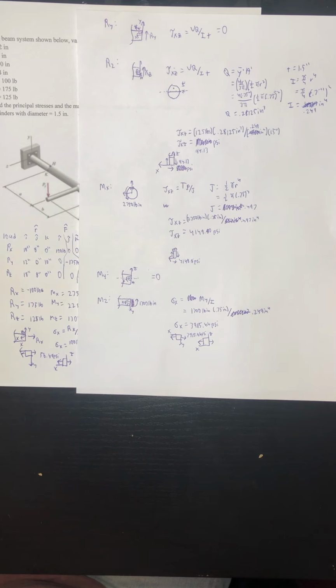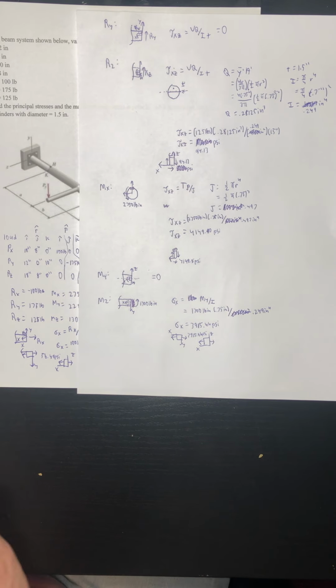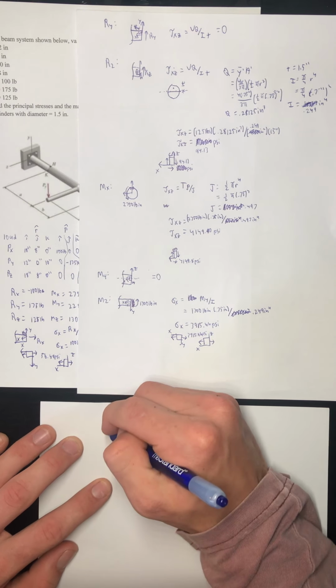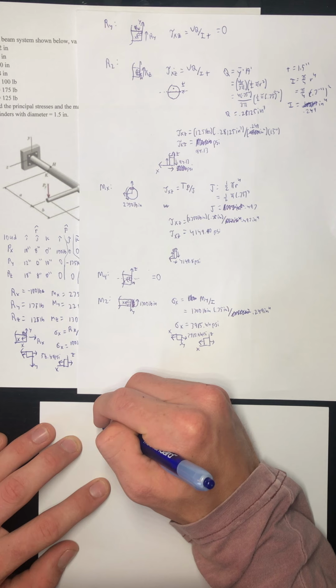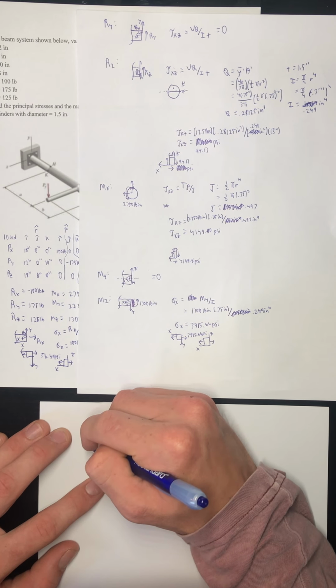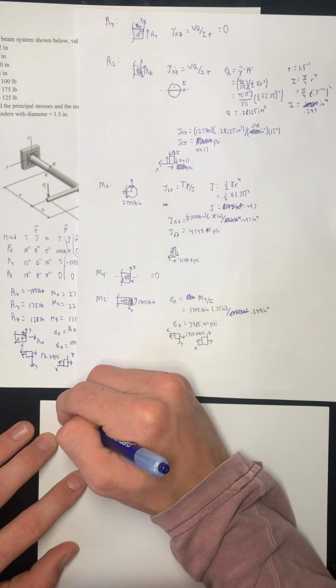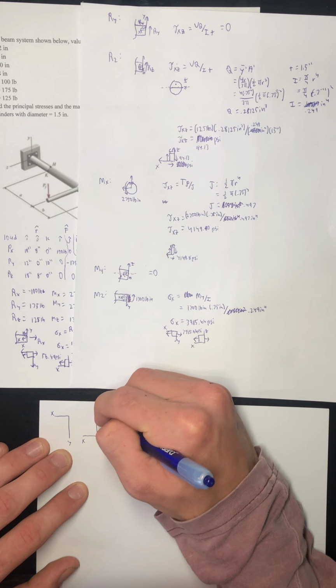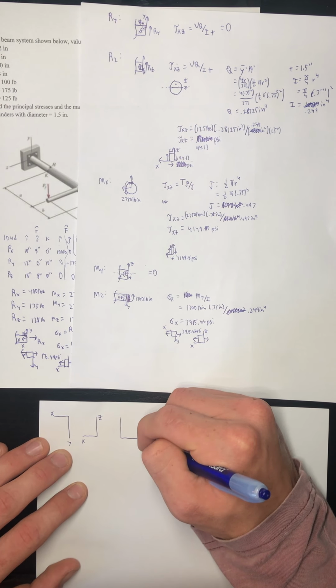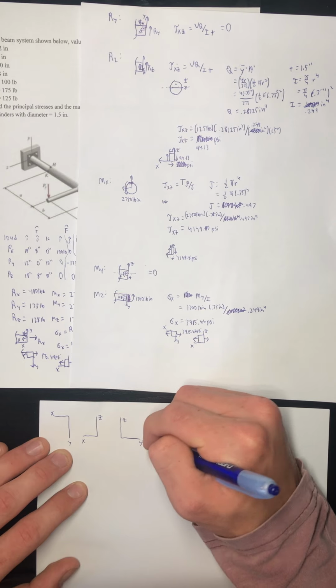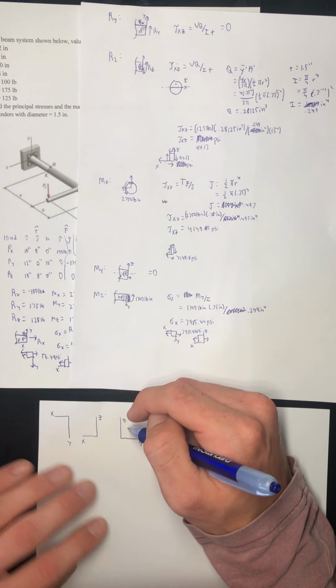So I think I've got them all included there. So now if we draw all of our stress blocks, we have, let's see here. I'm botching it. We have X, Y, X, Z, and Z, Y.